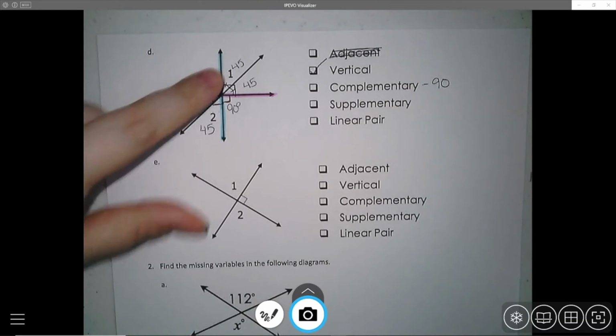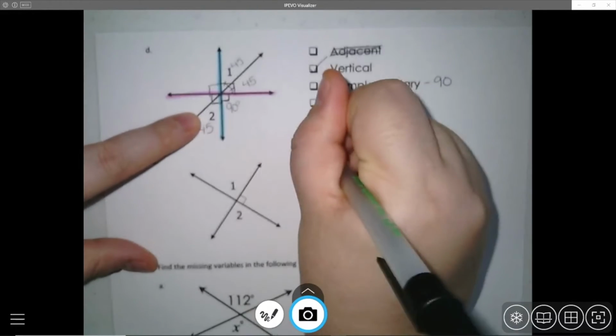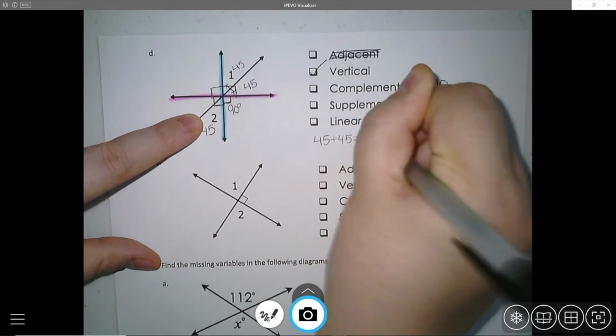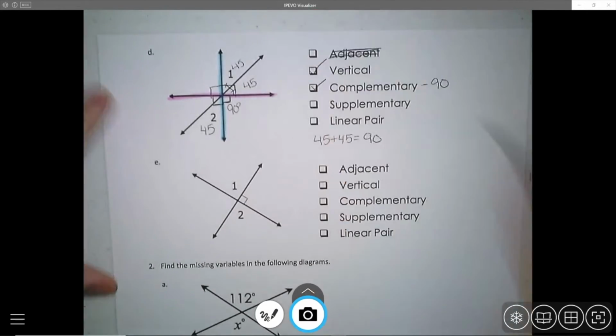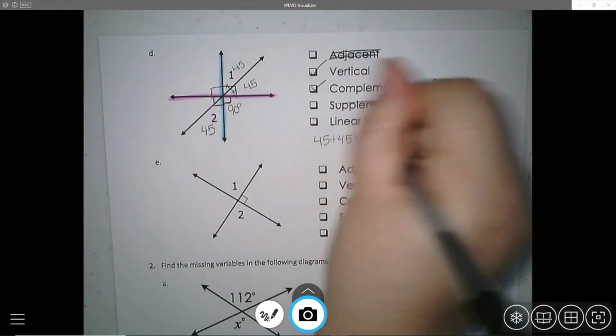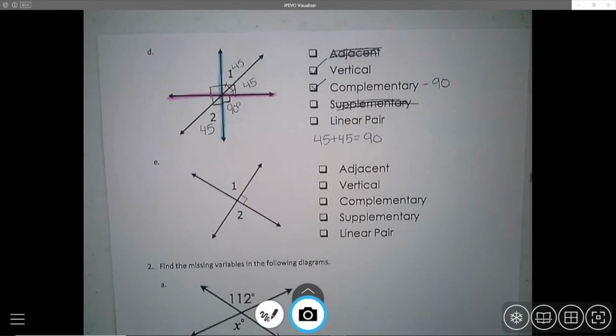So to check complementary, if you know their degrees, 45 plus 45 is 90. These angles are complementary because they do add up to be 90. Are they supplementary? No. If they add up to 90, there's no way they can add up to 180.